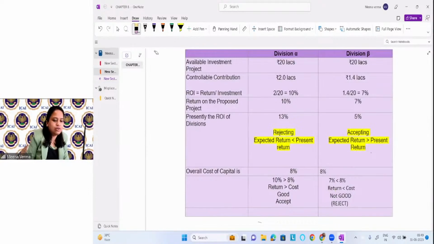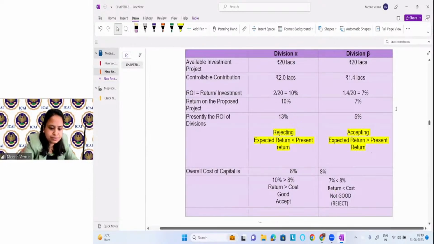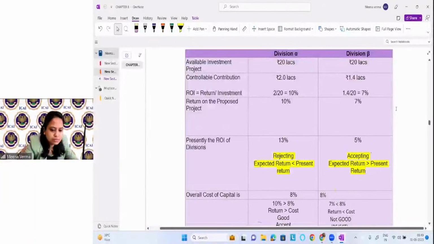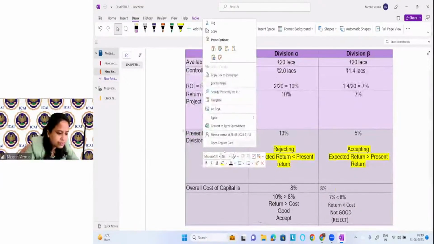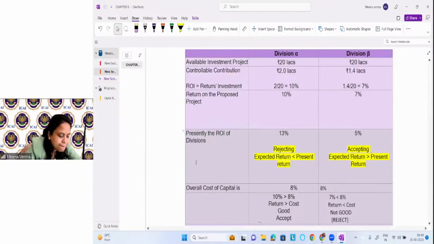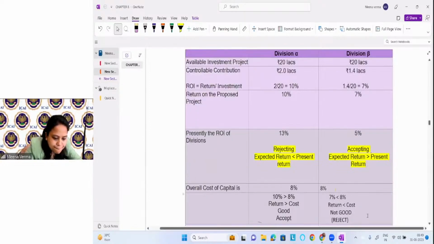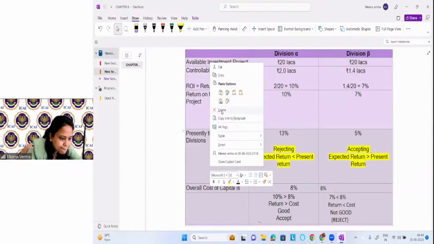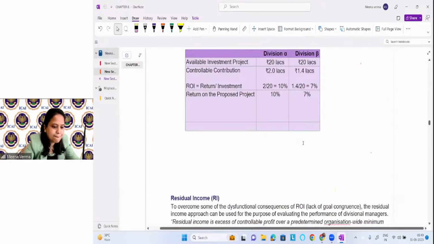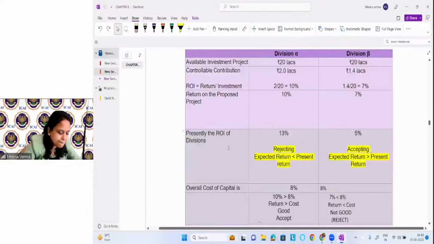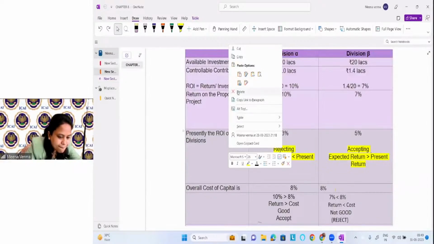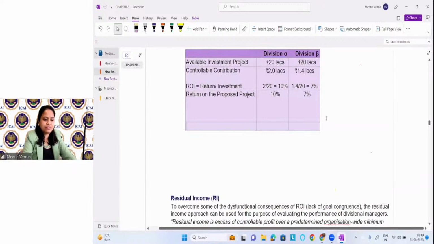Just give me 1 minute. Let me remove these columns. Okay, so we have this information now, and we need to calculate the residual income.